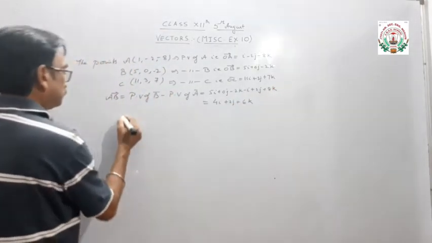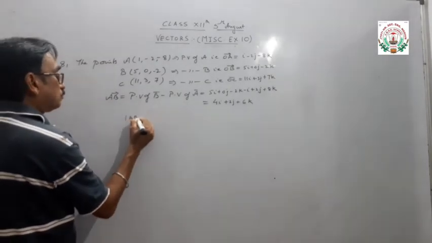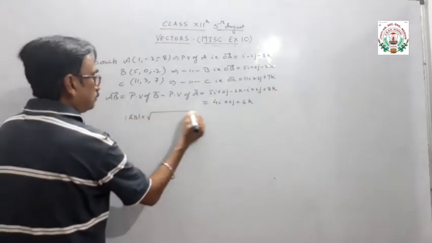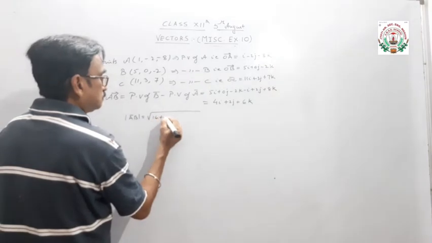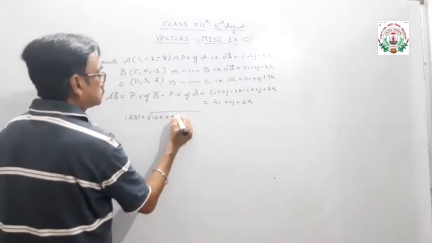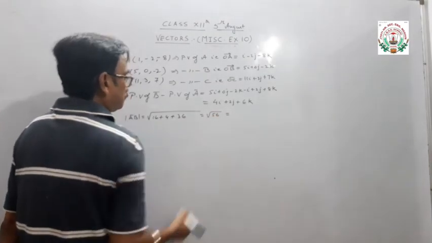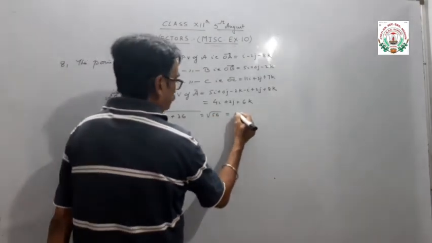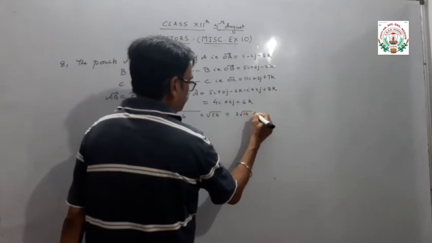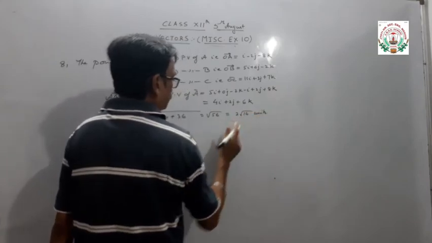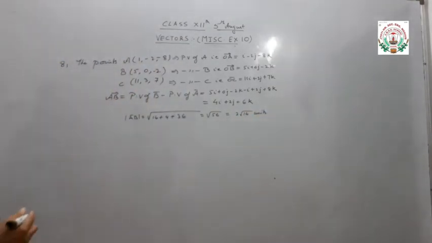Now I calculate the modulus: 4 squared is 16, 2 squared is 4, 6 squared is 36, under root 56. Under root 56 can be written as 2 under root 14 units, since 4 into 14 is 56.